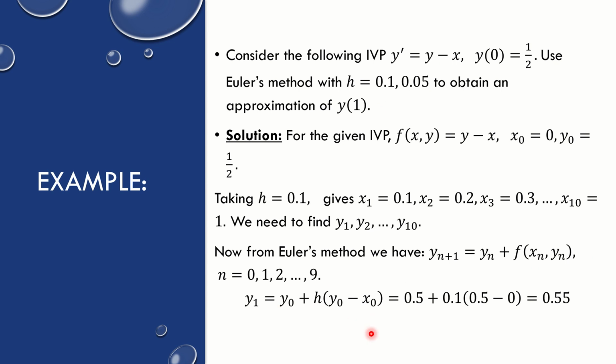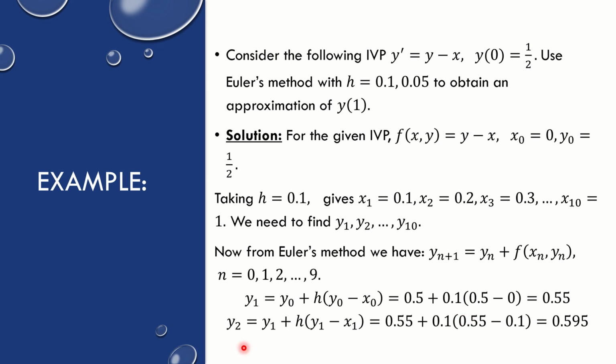Now by plugging in the values, y naught is 0.5 or 1 by 2, h is 0.1, whereas x naught is 0. That will give you the first value or approximation of the solution at x equal to 0.1, that is 0.55.